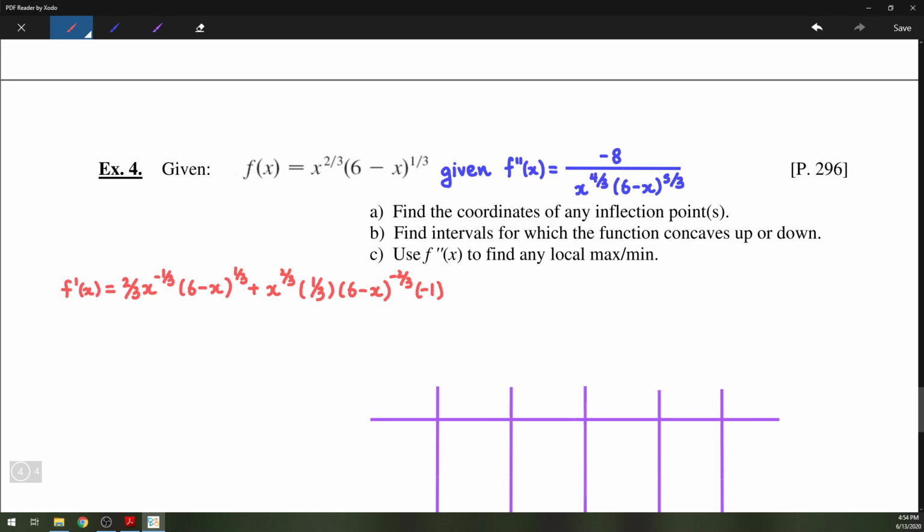So after applying the product rule to the original function and finding the derivative, we can now simplify it.